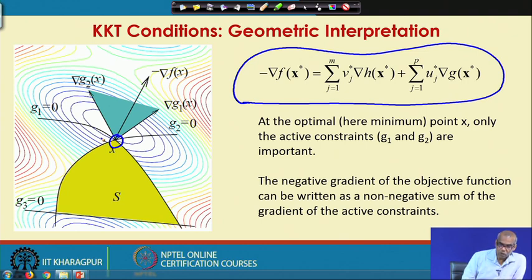There are three constraints g1, g2 and g3. Note that at the optimal point x, the constraints g1 and g2 are satisfied as active constraints, whereas g3 is not active, g3 is inactive. So, at the optimal point, only the active constraints are important.